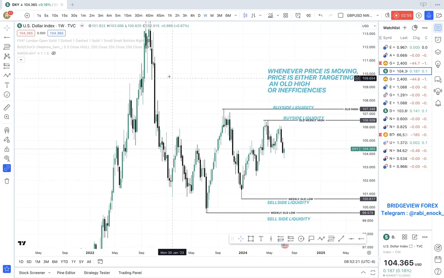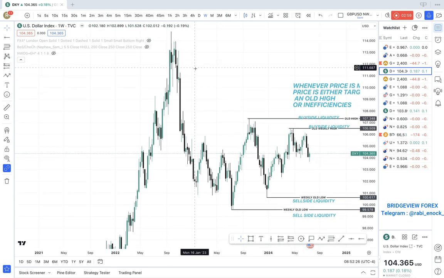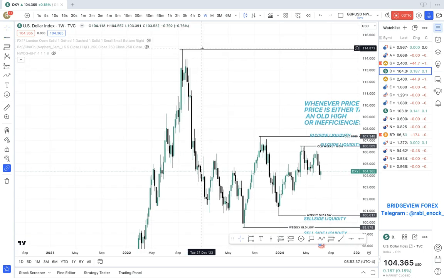When price moved here, it went to create a high here. Price created a high, so let's call this one a new high.